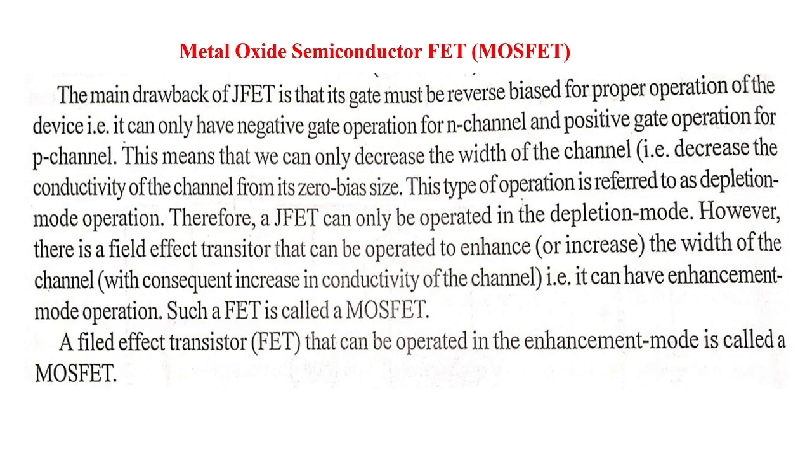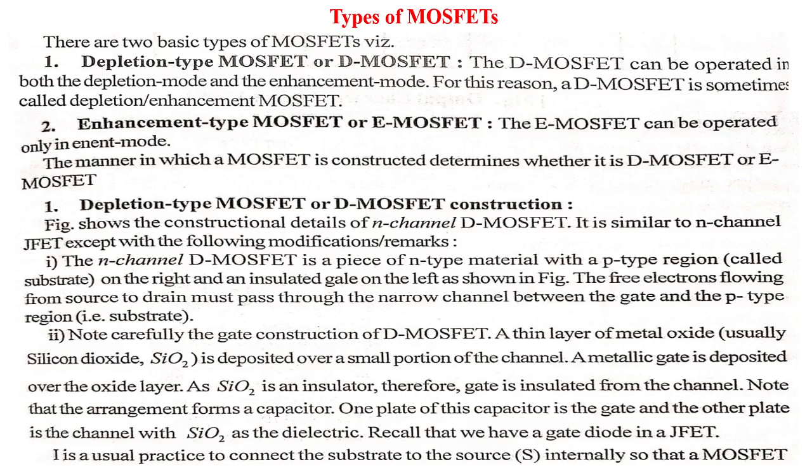A field effect transistor that can be operated in the enhancement mode is called the MOSFET. Now, there are two basic types of MOSFETs. First, depletion type MOSFET or DMOSFET, and second, enhancement type MOSFET or EMOSFET.